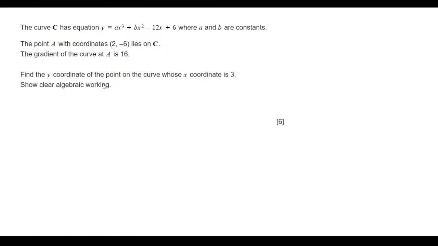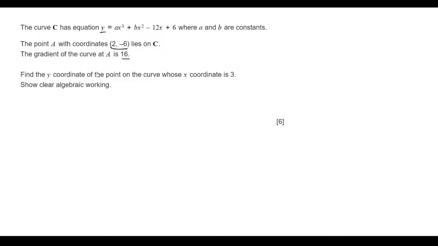So now (2, -6) is a point on the curve. That means I can substitute y with -6 and x with 2. It will satisfy this equation. Second, the gradient of the curve is given as 16. Gradient is dy by dx, so I will differentiate this equation and equate that with 16.